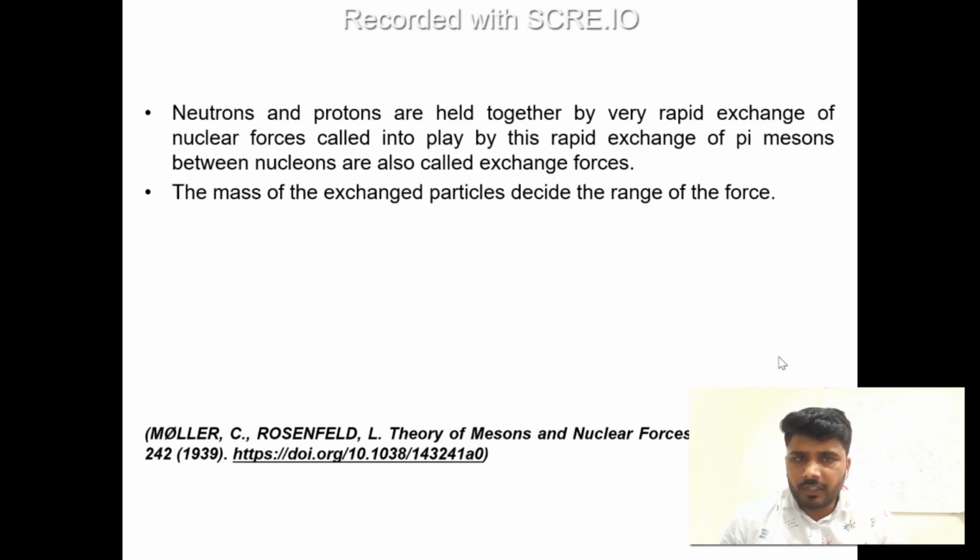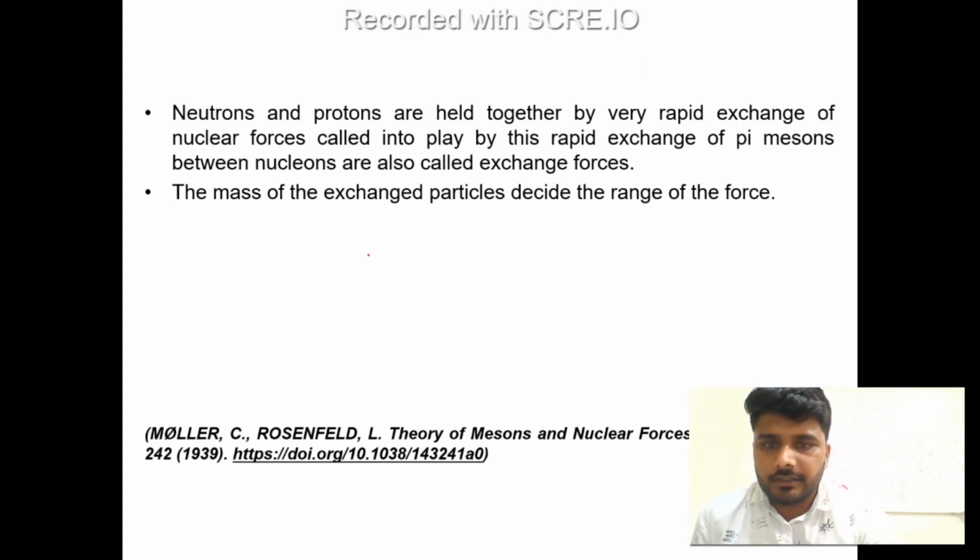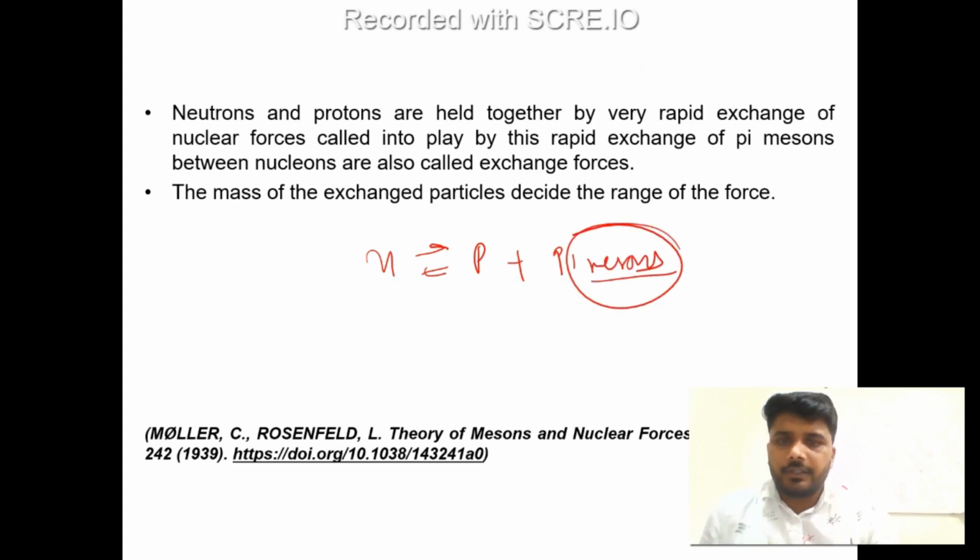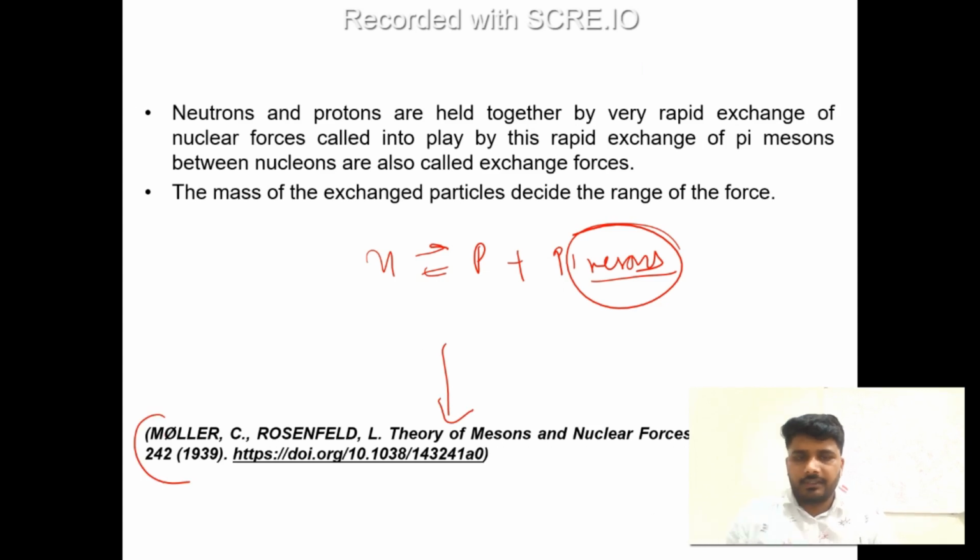The mass of the exchange particle decides the range of the forces. So this is basically the force that binds proton and neutron inside the nucleus. For more details, you may read the article published by Nature Communications.